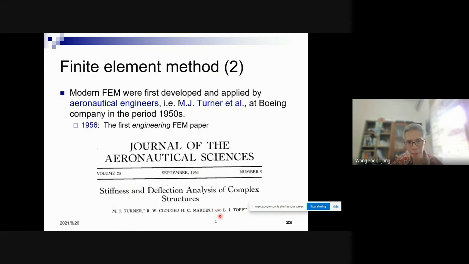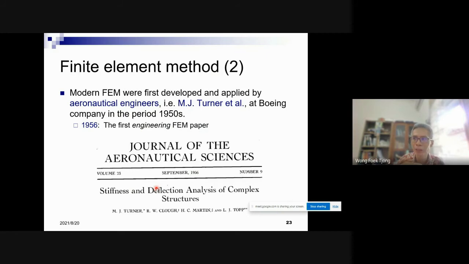At that time, they worked at the Boeing company, and they developed this method for solving problems of airplane vibration, airplane wings. Because when an airplane is in operation, we have to investigate and study the behavior of its wings. It's very important.